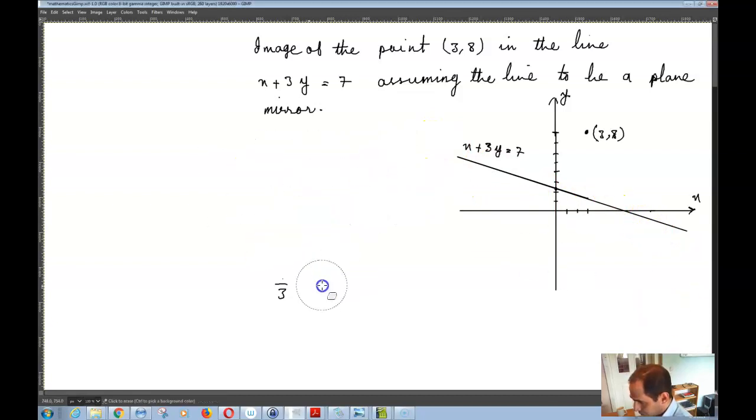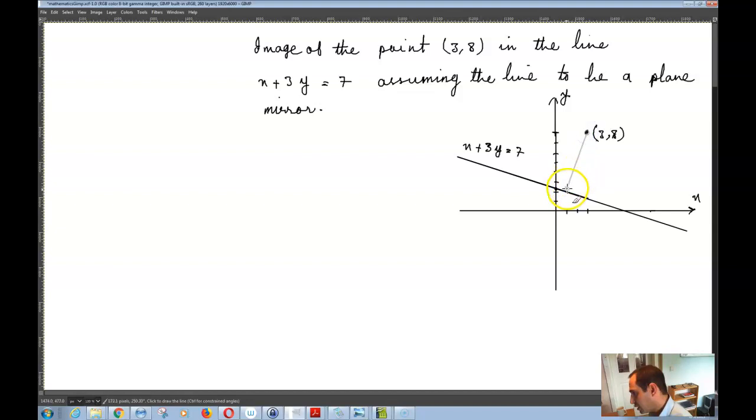Now, if I assume the line to be a plane mirror, it means that you could imagine the point goes through this plane mirror, and the image of this point is produced on the other side of the line.